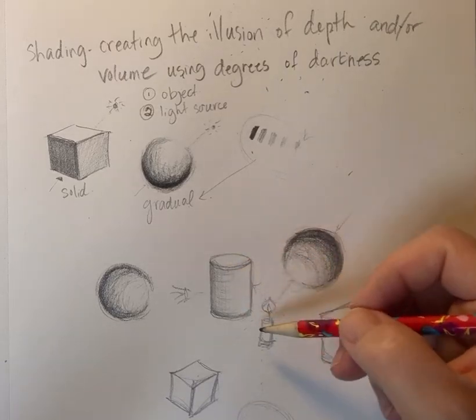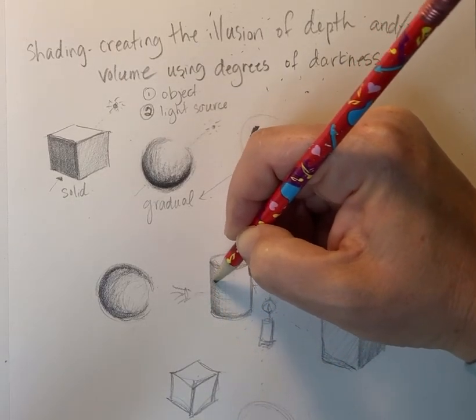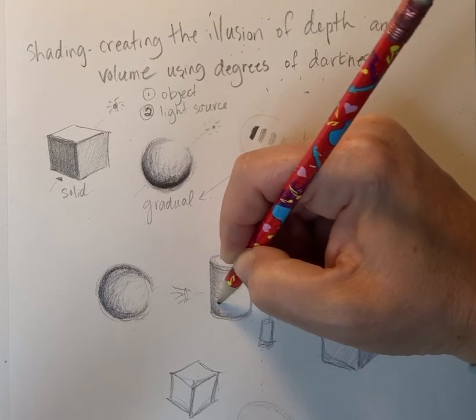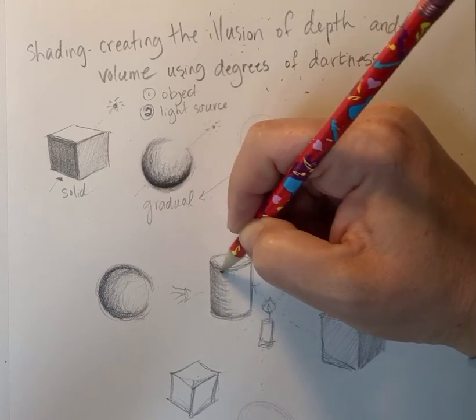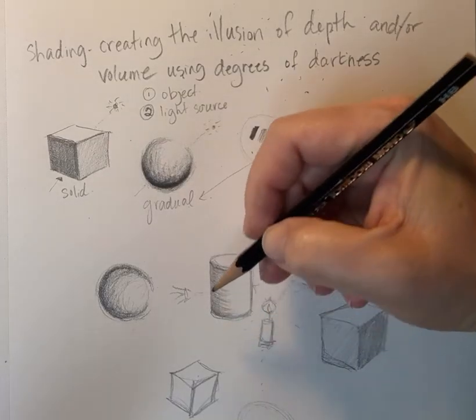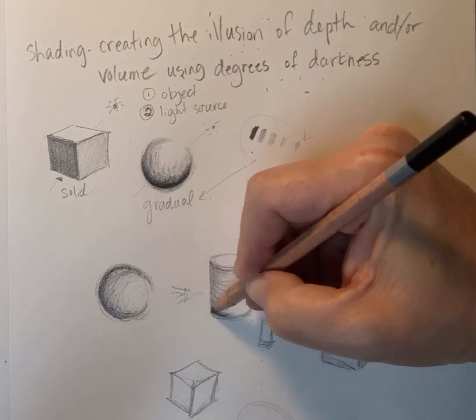And then once we get it the way we like, we can go in and start darkening up using those tones in our grayscale that we learned about last week. And if you have a darker pencil at home, oh, that's not my 6B, that was my HB. So here's my 6B.